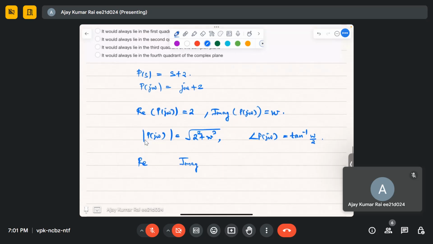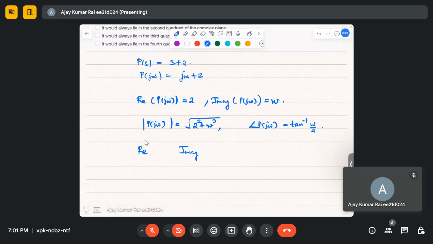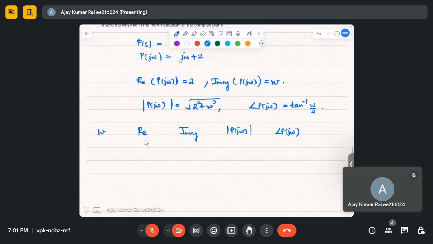I think everything is correct now. So let's find out omega equal to 0.